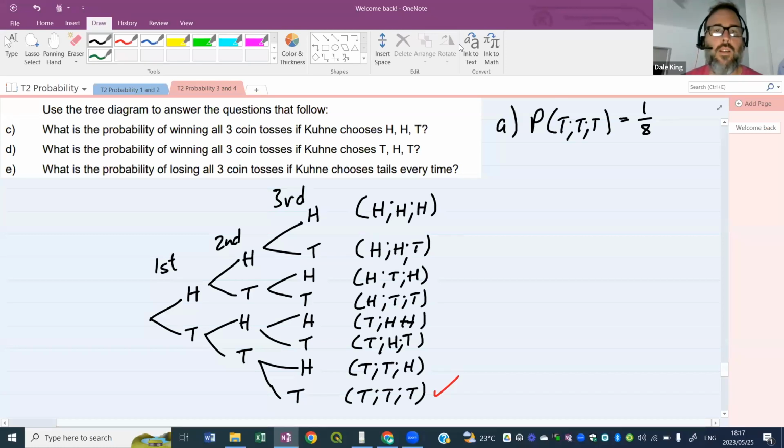The question didn't say leave it as a fraction or a percentage or a decimal. If they don't ask for a fraction, a percentage, or decimal, you leave it as a fraction, because the person marking wants to see the 8 and the 1 in your fraction. That's what they're looking for. So just leave it like that. All right, who's going to help me with question C?